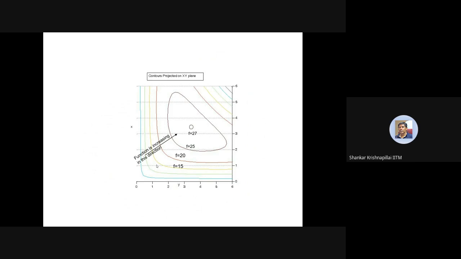Looking at the contours, we can see the increasing value of the objective function: f equal to 15, 20, 25, 27. The maxima will be here, maybe f equal to 30. That dot will be the maxima. Just like doctors look at X-rays, we can find the maxima by looking at the contours.